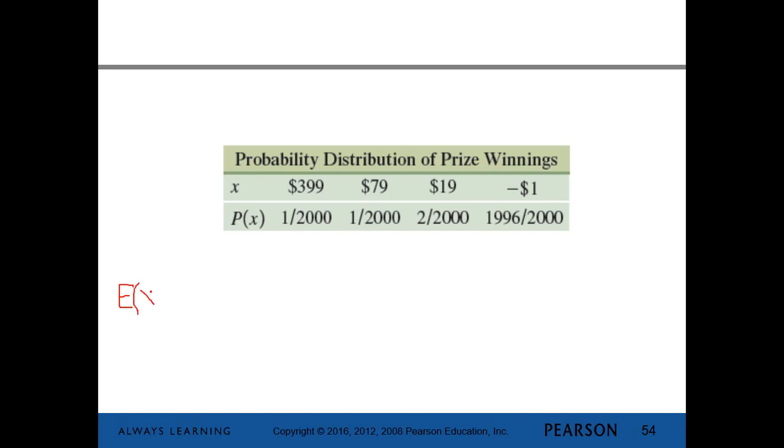The expected value of X, the expected winnings, is going to be $399 times 1 out of 2,000, and then I'm going to do 79 times its corresponding probability, which is 1 out of 2,000.